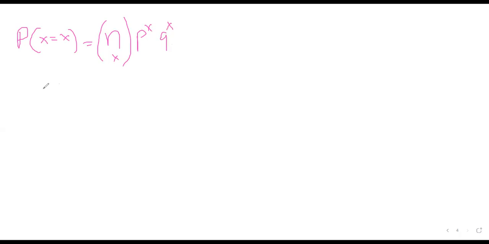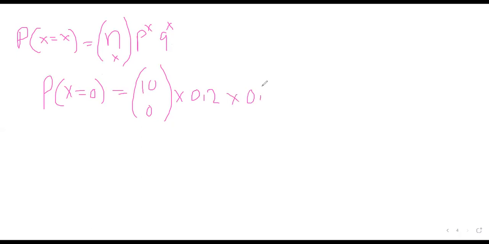So probability x is equal to 0 will therefore be 10 combination 0. Then here the p is 20%, which is 0.2. The q is 80%, which is 0.8. So the 0 comes here. 10 minus 0 is a 10 again there.